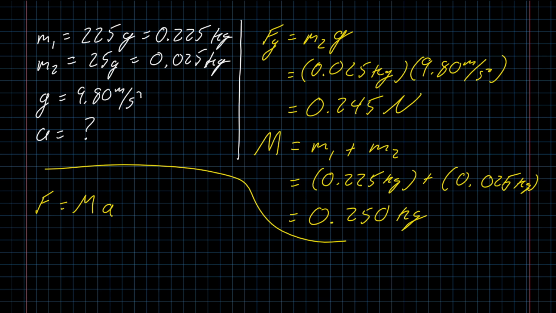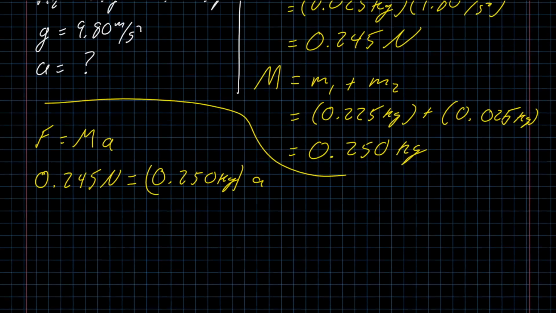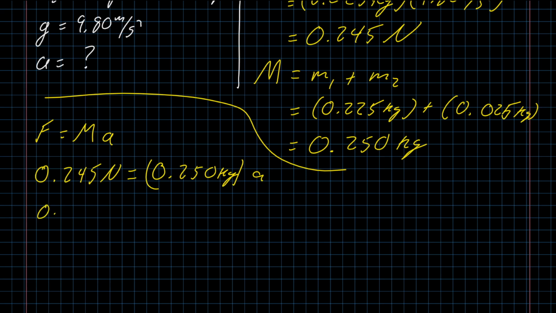All right, so our force is 0.245 newtons. Our mass is 0.250 kilograms. And a is the thing that we're trying to solve for. So rearranging here pretty simply, 0.245 newtons divided by 0.250 kilograms is going to give me the value of a.